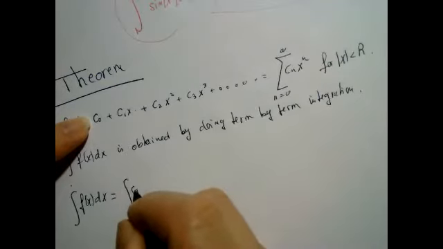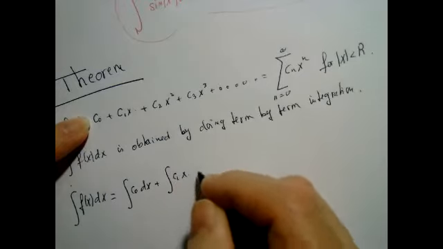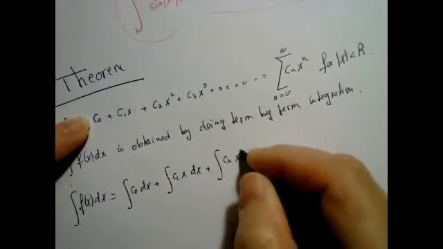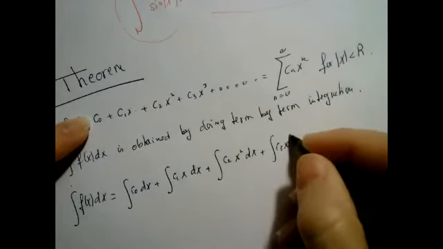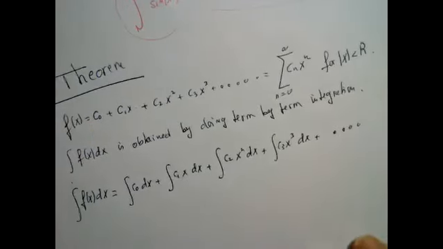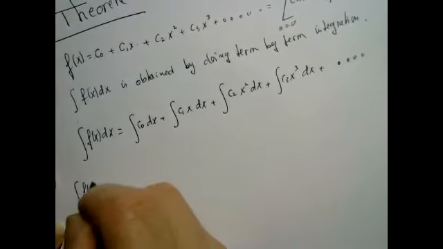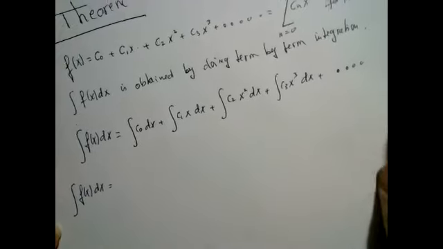It means it's equal to the integral of c0 dx plus the integral of c1x dx plus c2x squared dx plus c3x cubed dx, etc. This term-by-term integration is really what I want you to memorize: that we can integrate a series term by term.